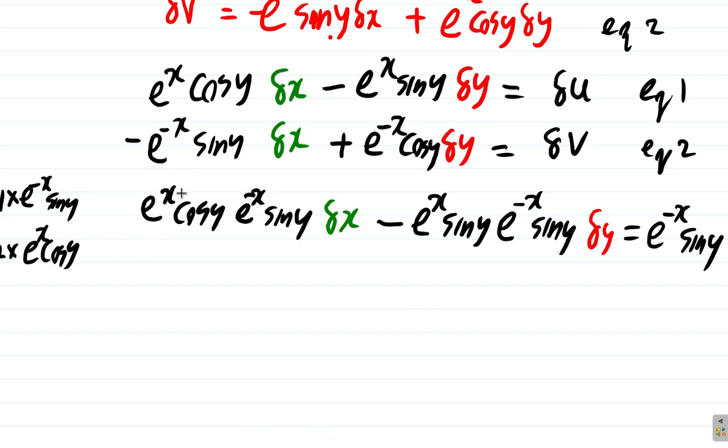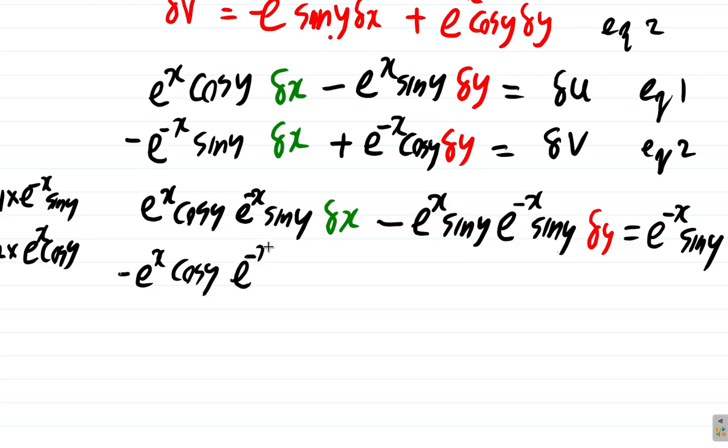So here we have e to the x cos y times, well, it will be negative. Let me put the negative sign out here.